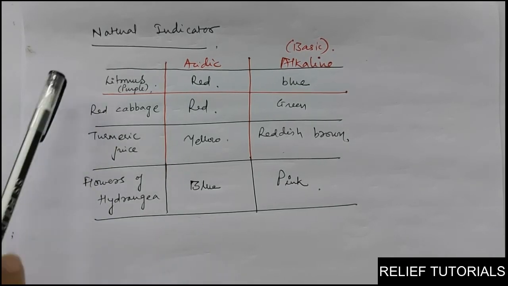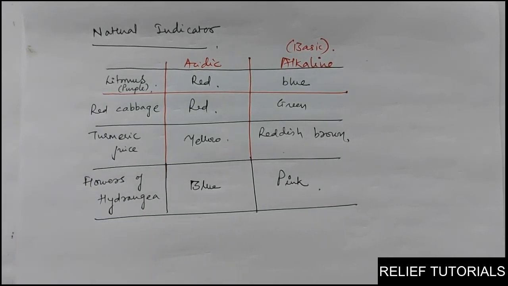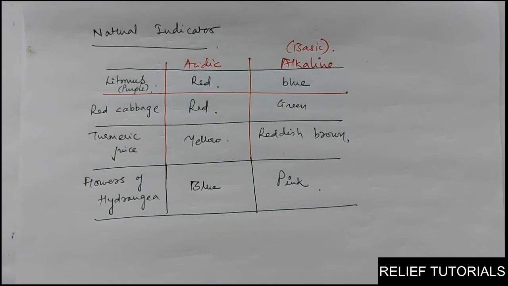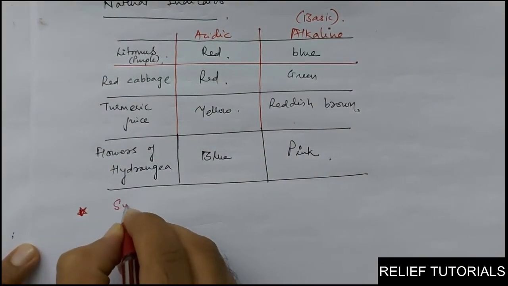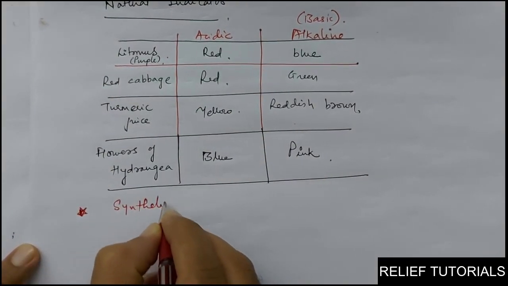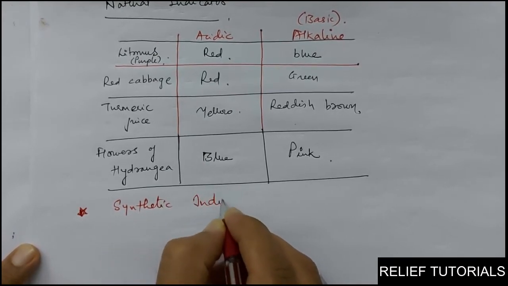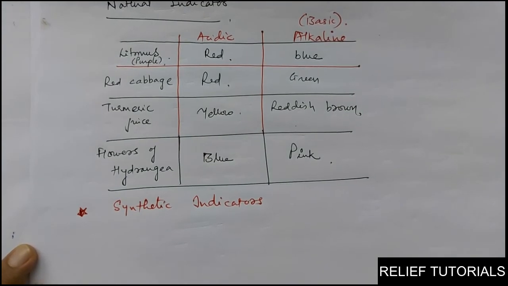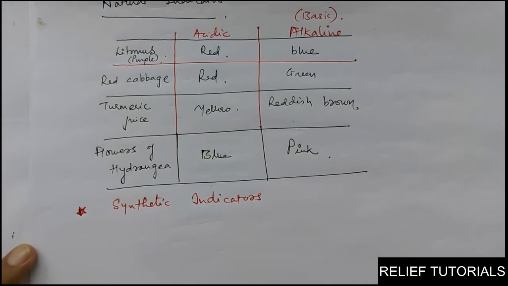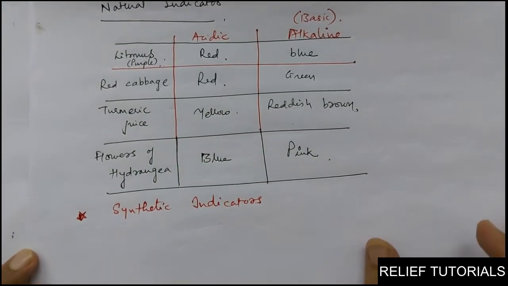Remember these three first of all: litmus, red cabbage, and turmeric juice. These are the natural indicators, meaning obtained from nature. Some synthetic indicators are also there. Synthetic indicators are chemicals obtained in the laboratory.